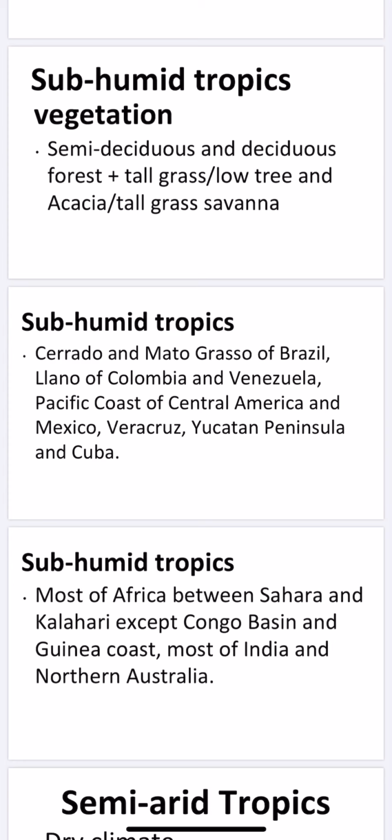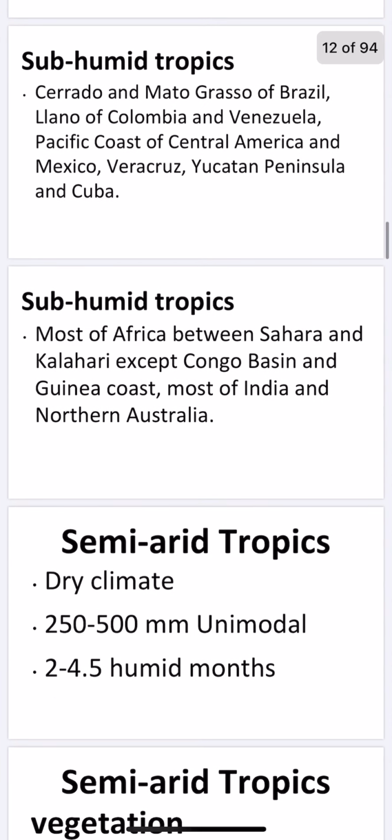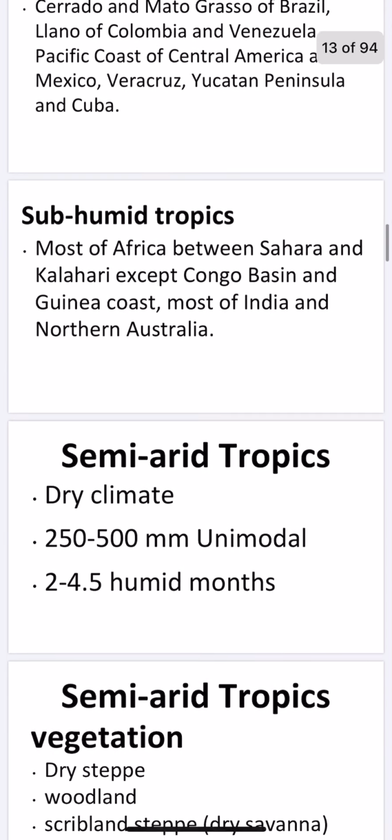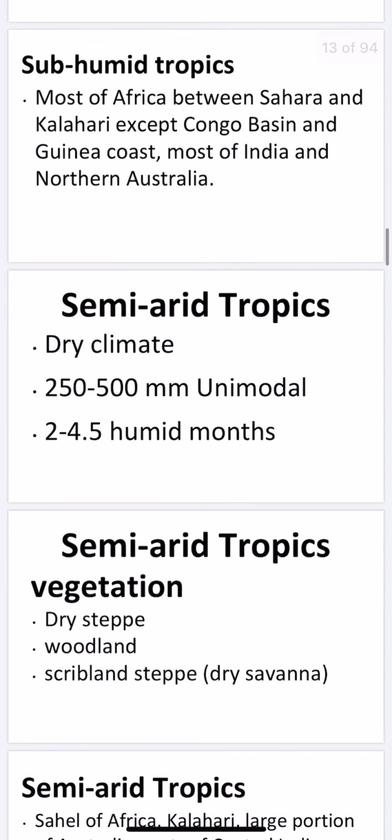Plus tall grass, low tree, and acacia tall grass savanna. The subhumid tropics include the Cerrado and Mato Grosso of Brazil, Llano of Colombia and Venezuela, Pacific coast of Central America and Mexico, Veracruz, Yucatan Peninsula, and Cuba. The subhumid tropics also include most of Africa between Sahara and Kalahari except Congo Basin and Guinea coast, most of India, and northern Australia.